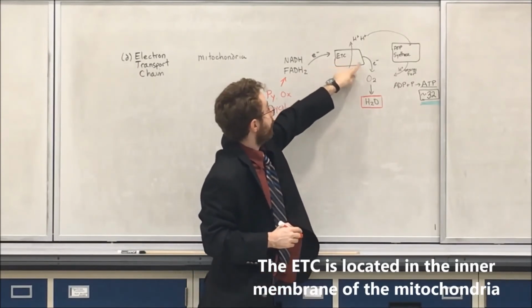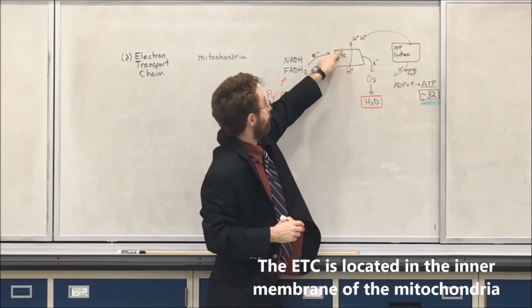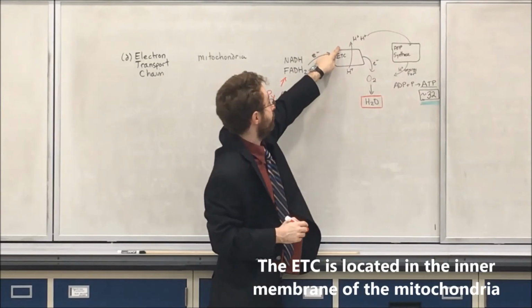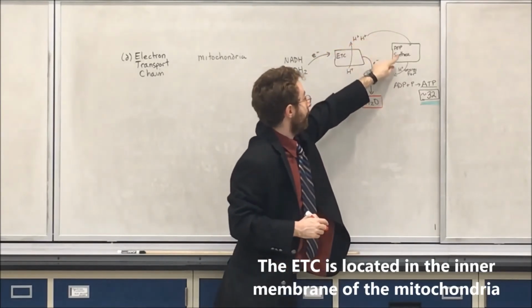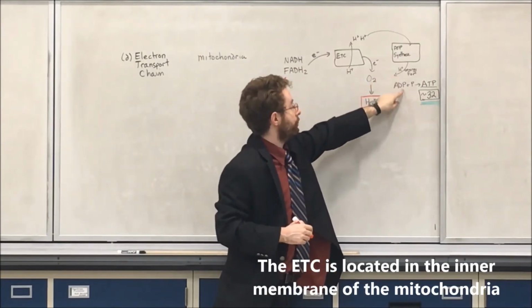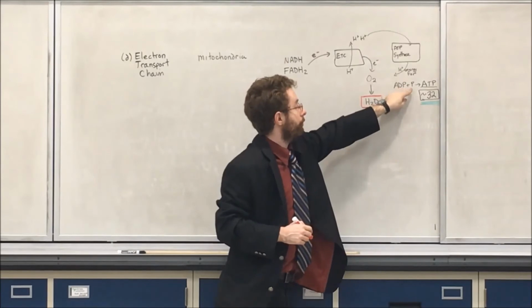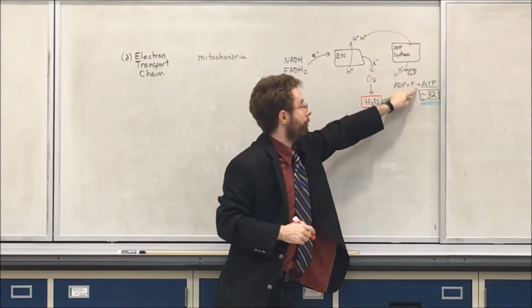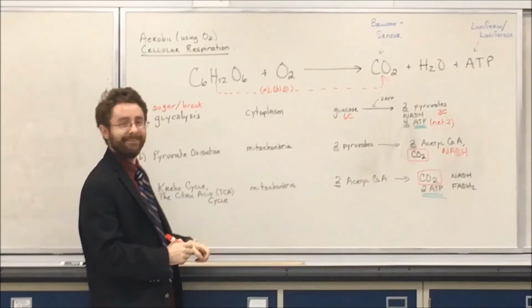While the electron is being passed, protons will move across the electron transport chain and then fall down their concentration gradient through ATP synthase, and that will provide the energy for ADP to add a phosphate group to yield ATP.